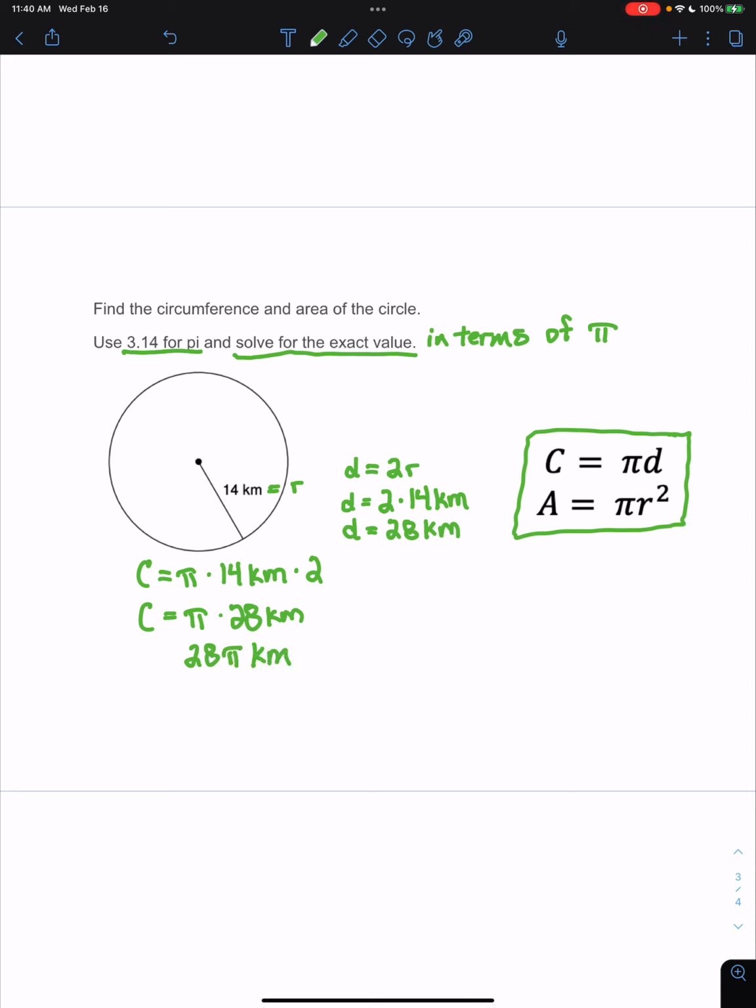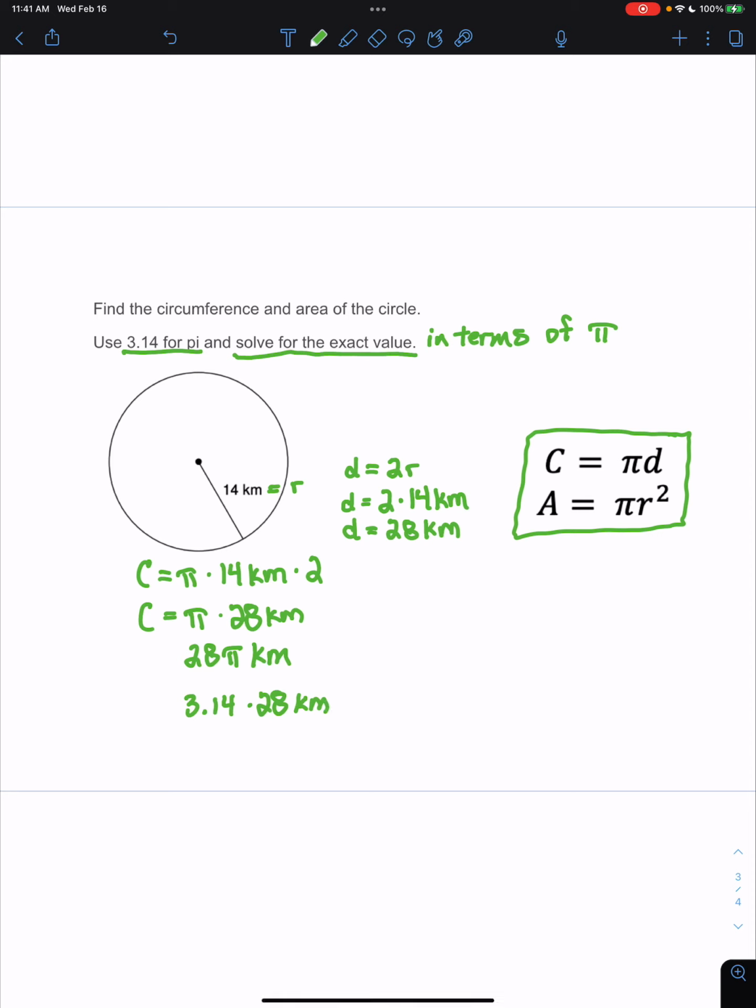my circumference. But I could get out my handy dandy calculator, and as I said, I could say that 3.14 is the same as pi. So I could say 3.14 times 28 kilometers.